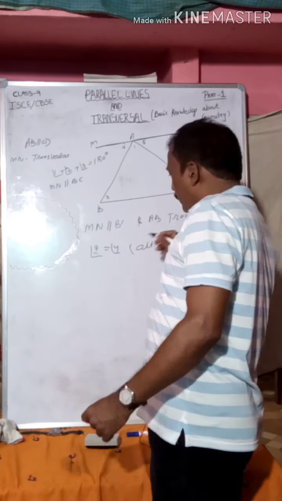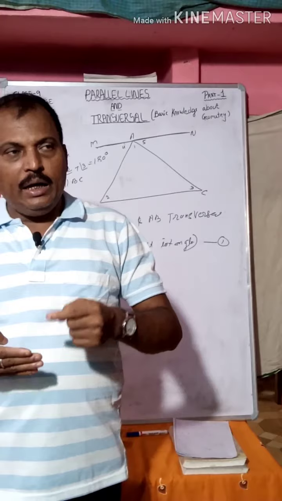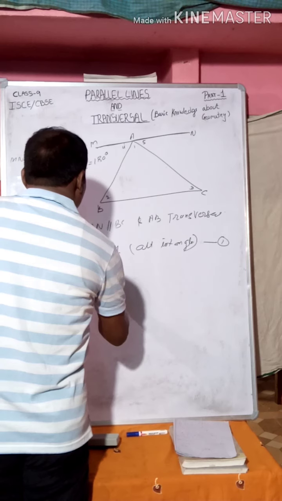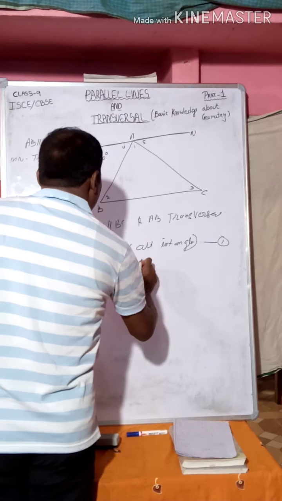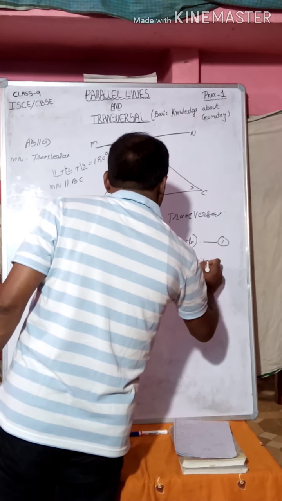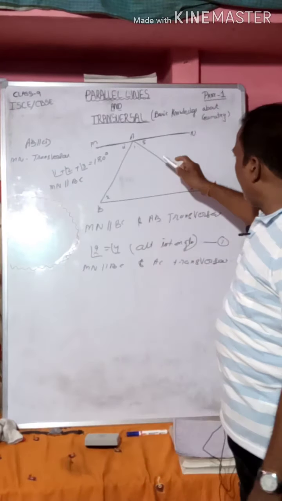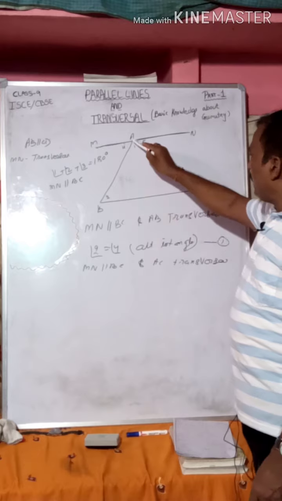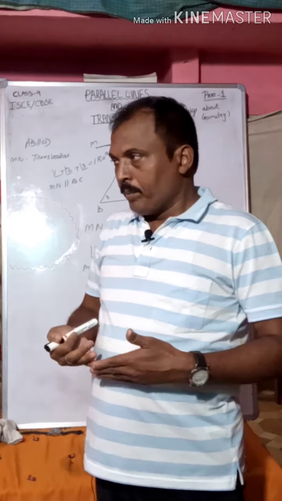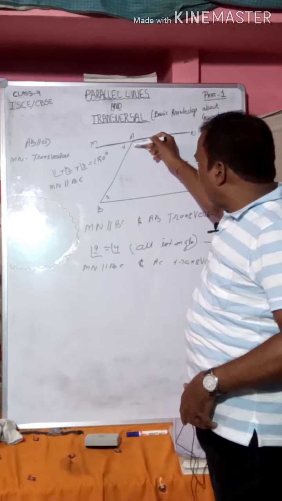This is equation 1. Now take the two parallel lines MN and BC and take another transversal AC. MN is parallel to BC and AC is the transversal. So angles 5 and 3 are prominent angles, and angle 4 and 1 are also formed.